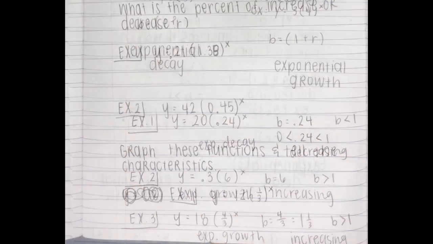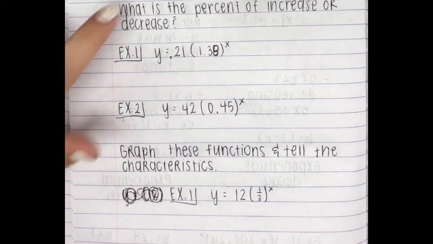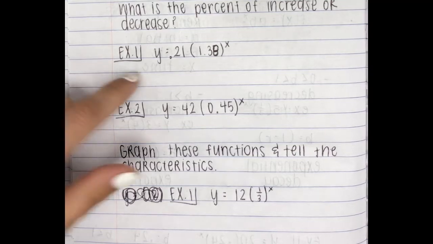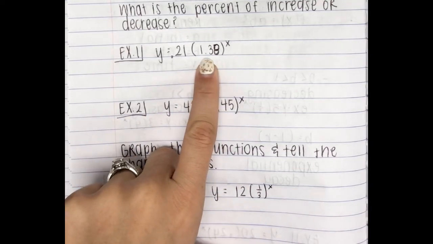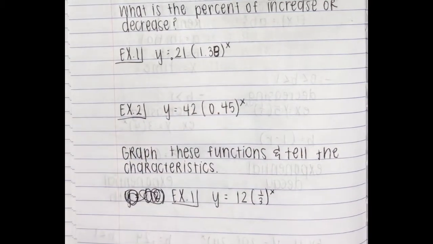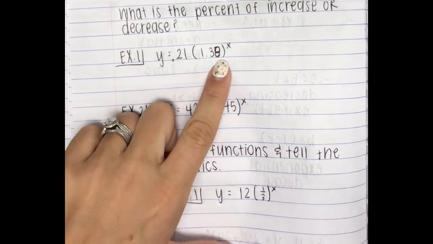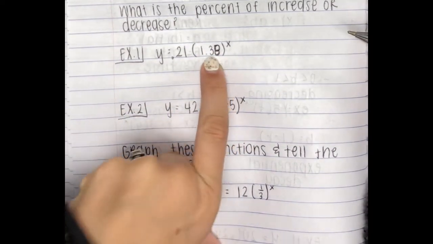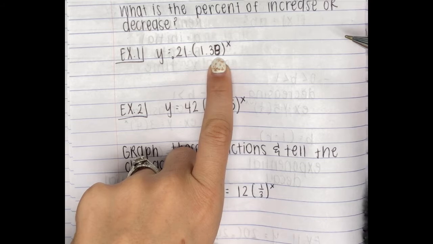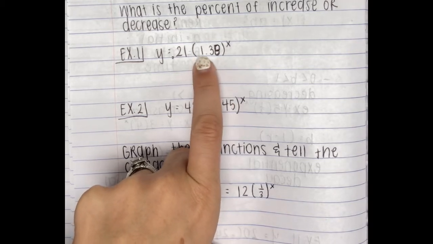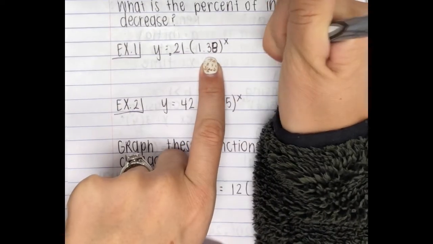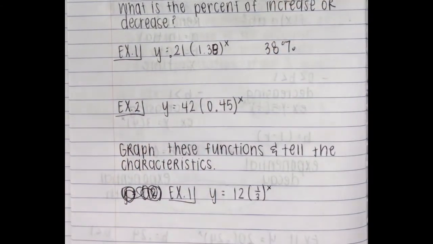Okay. All right, so what is the percent of increase or decrease? So we're looking at our b value to figure that out. If my b value is 1.38, that is greater than 1, which means we increased, right? We increased from 1 by 38%, right?